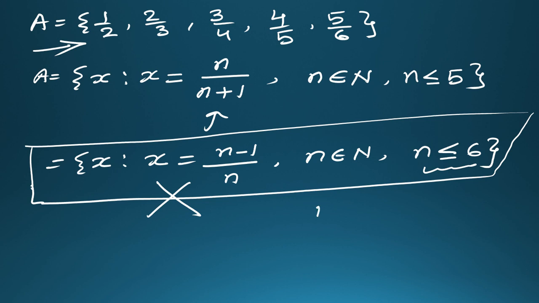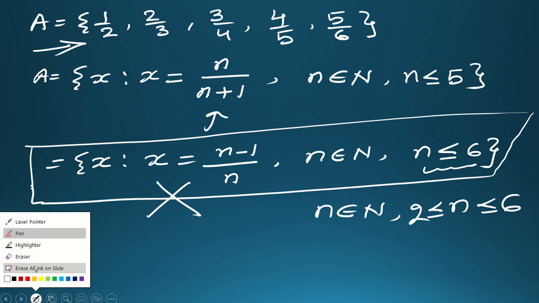You will write n belongs to N such that n lies from 2 to 6. You will not consider 1. Now you can check. The first value of n will be 2, so it will be 1 over 2, then 2 over 3, 3 over 4, 4 over 5 and 5 over 6. That's all. See, like this if you check the property, then you can easily find the answer.